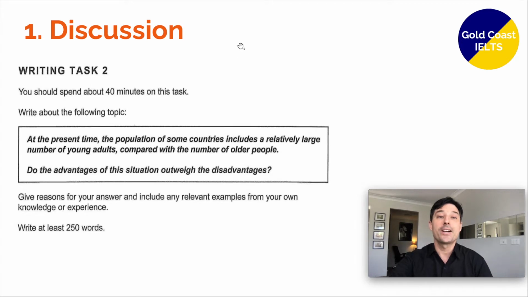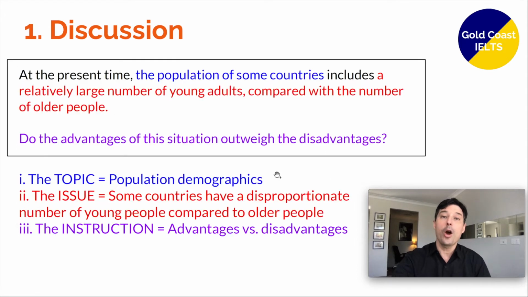So the first one here is a discussion. Okay, it's about populations of young and old people in different countries, and it's about the advantages outweighing the disadvantages. So if we go ahead and analyze this essay, we can see that the topic is population demographics.